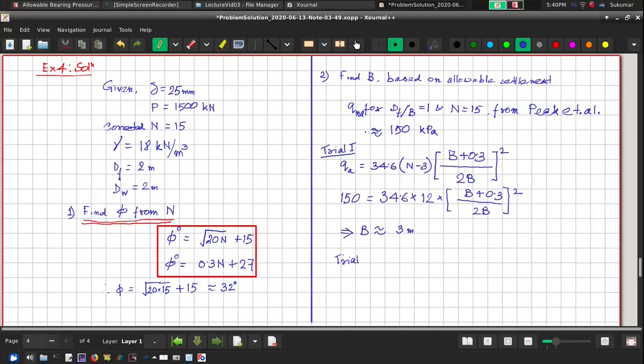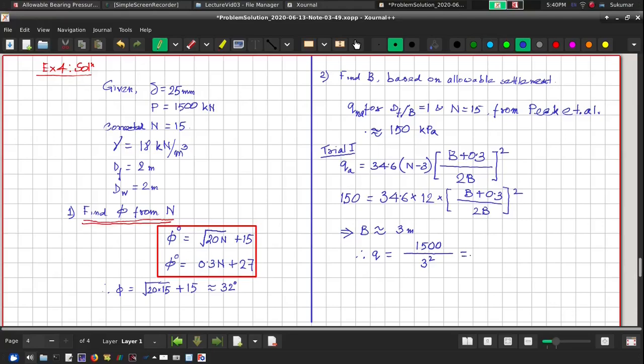now this B, before going to trial 2, let us understand that for this B with a load of 1500, if I assume a square footing, what is the Q? Okay, let us find out that. So Q is equal to, with a B of 3 meter, I have 1500 divided by 3 square, right?